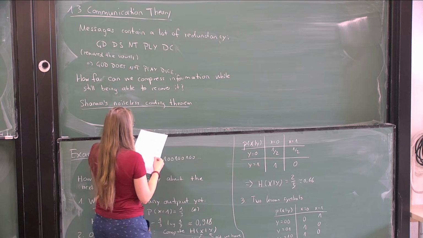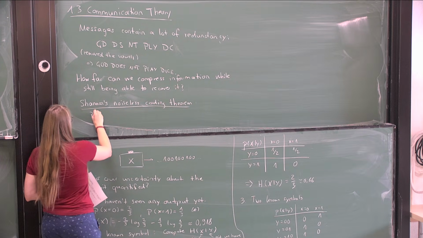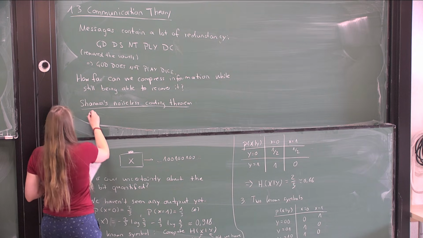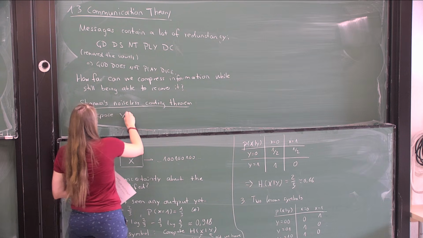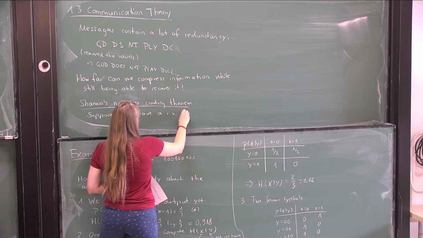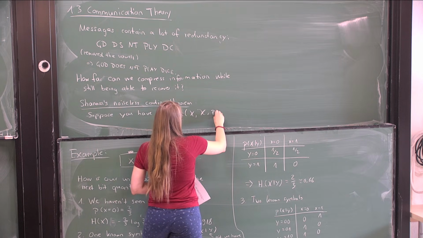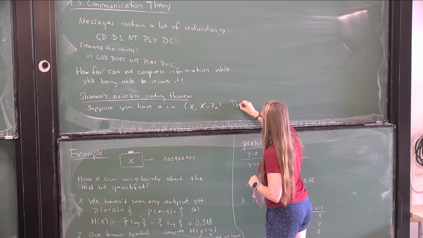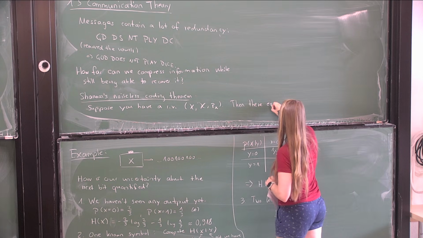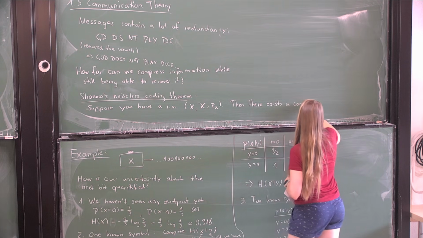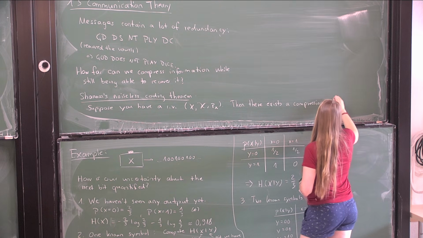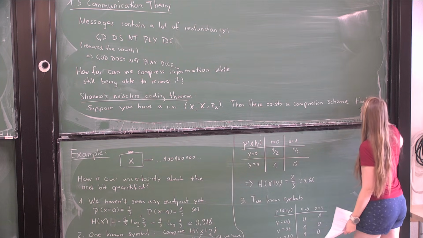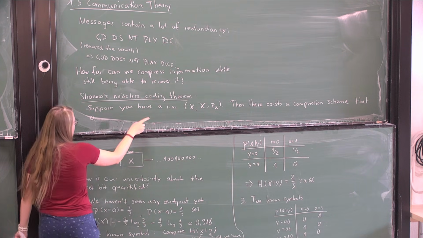It basically says, suppose you have a random variable, there exists this compression scheme. It allows you to store these bits that the random variable outputs.